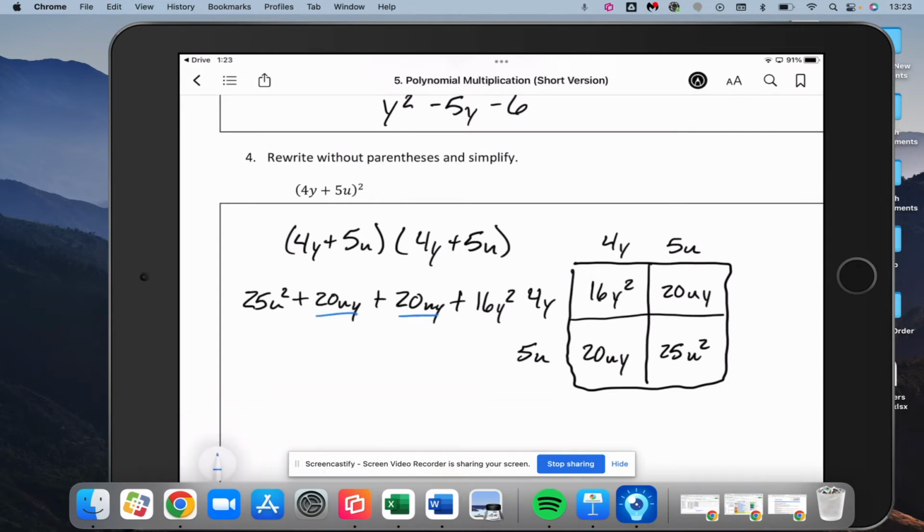These 2 can be stuck together because they are like terms. So I've got 25u to the power of 2 plus 40uy plus 16y to the power of 2. And so that's going to be it for number 4. I'll pause. If you need to pause me, go ahead.